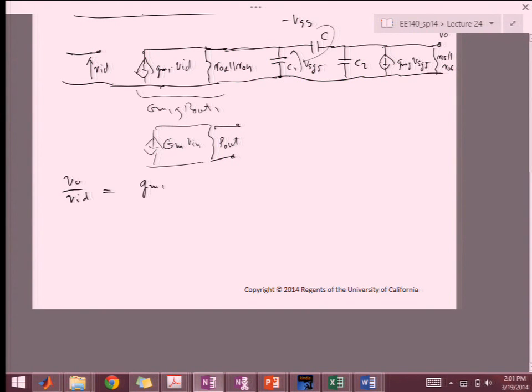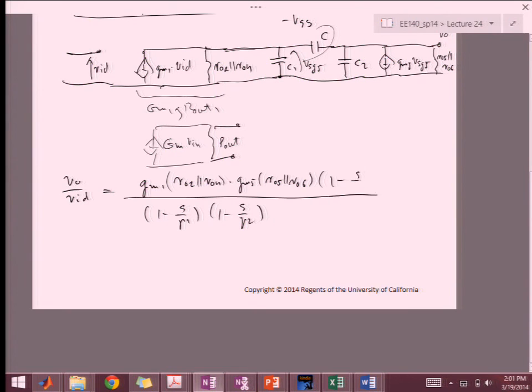In DC, gain was GM1, RO2 in parallel with RO4, we know that, times GM5, RO5 in parallel with RO6. And then that divided by two poles. And there was a zero.